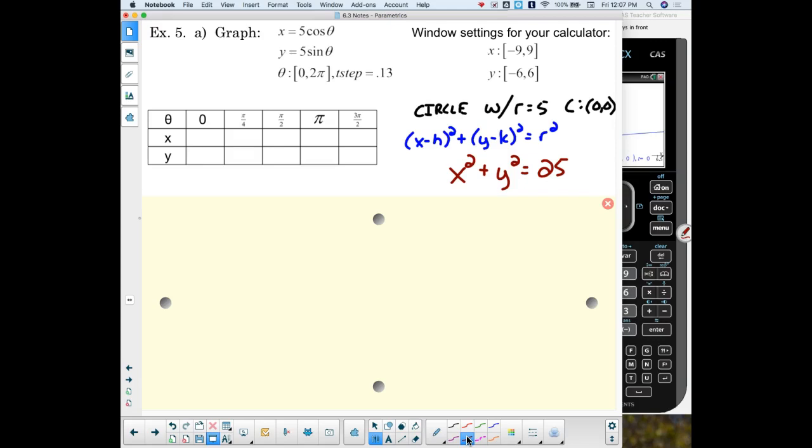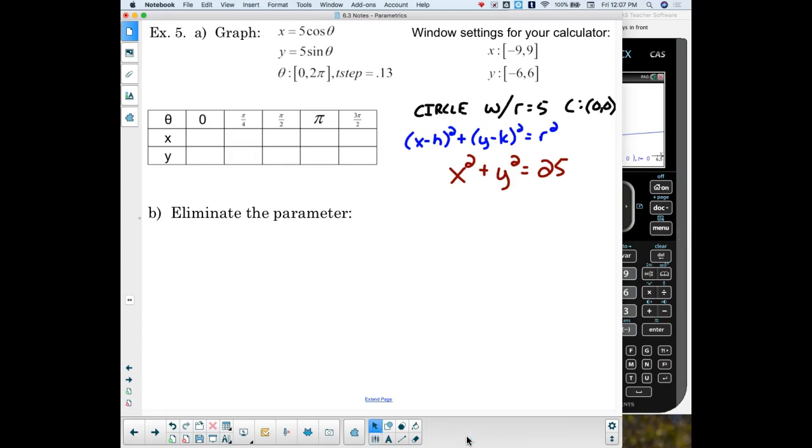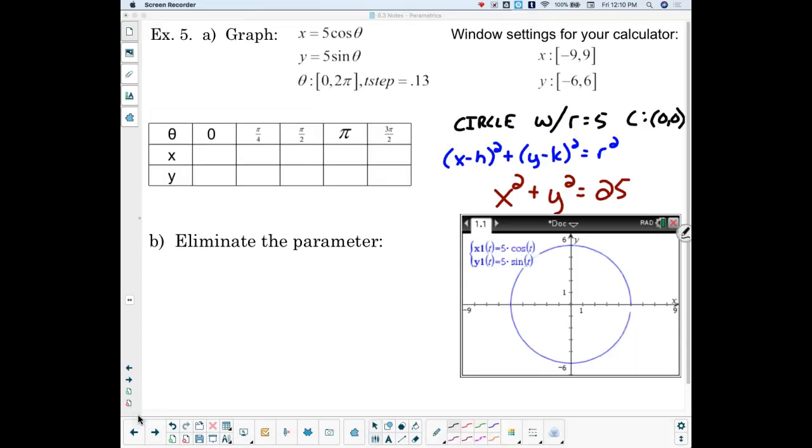What I want you to do now is I want you to eliminate the parameter and get me x squared plus y squared equals 25. I'm guessing we hit a roadblock. Definitely hit a roadblock.